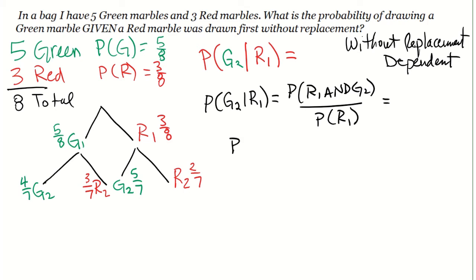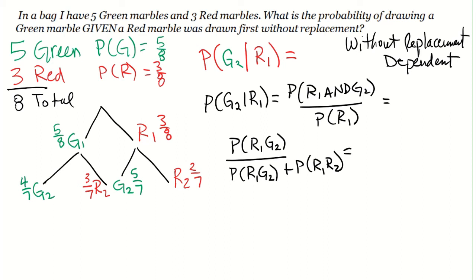And that is the probability of drawing a red, green divided by the probability of drawing a red, green plus the probability of drawing a red, red.